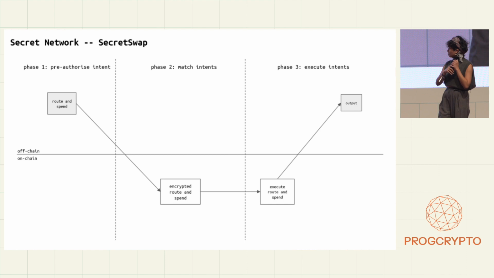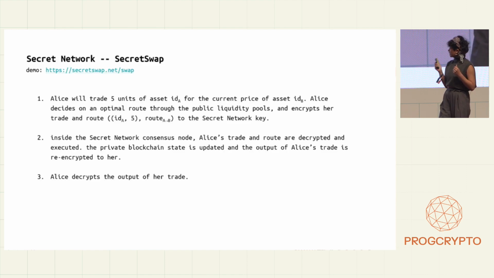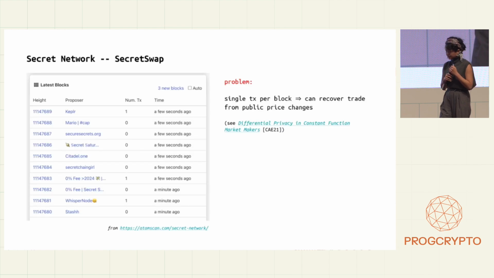A few things to note about SecretSwap on Secret Network: firstly, the identity of the sender is revealed. The trade is not revealed, but the identity of the sender is. Secondly, I tried out SecretSwap, and I realized while looking for my transaction that each block in Secret Network has basically 0 transactions. My block had 1 transaction.